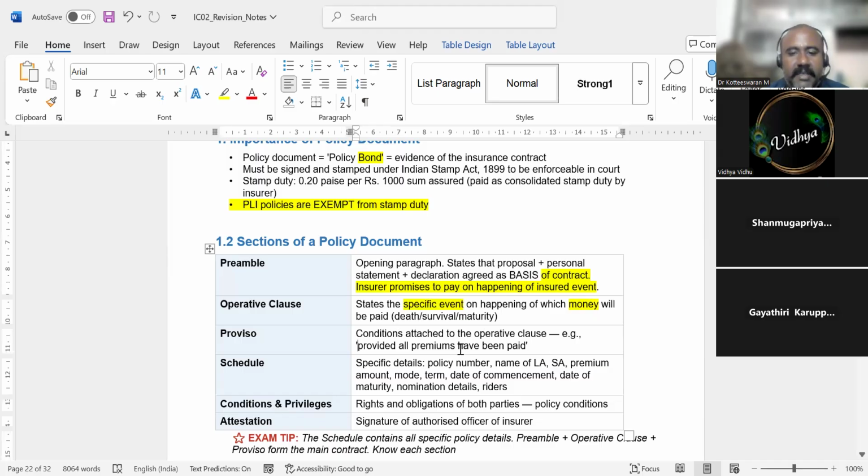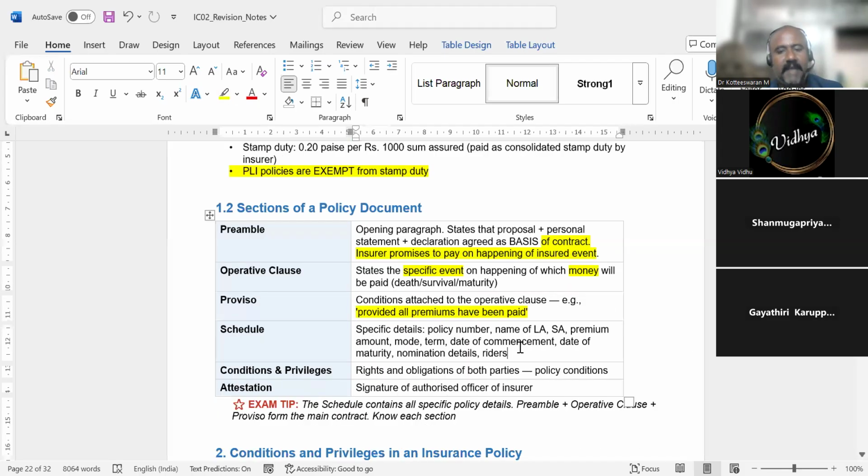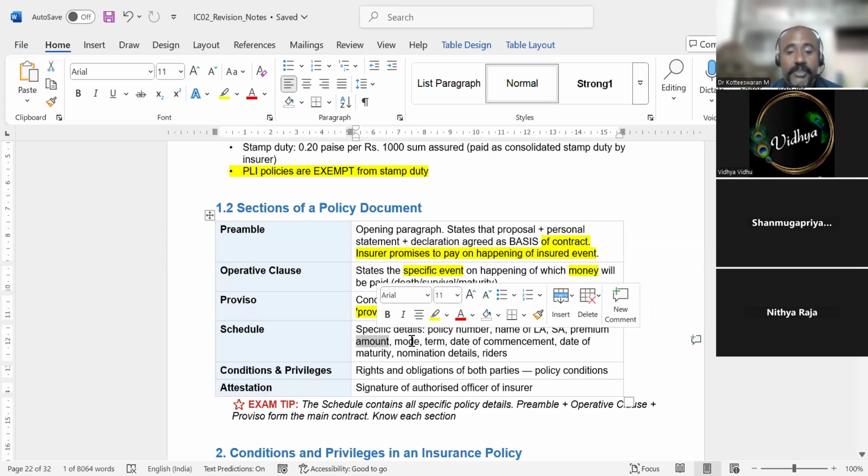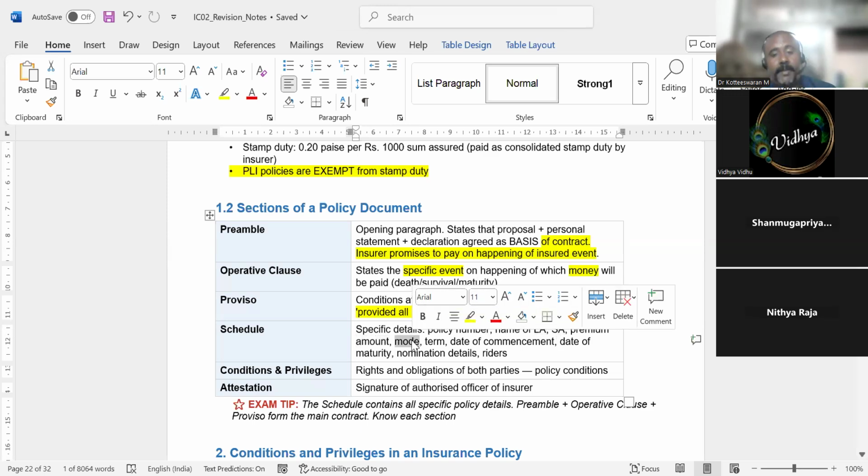Then we have the schedule. Schedule has all the important, specific details about the policy, like policy number, name of the life assured, sum assured, premium amount, how much you need to pay, and the mode of premium, whether monthly, quarterly, or annual.